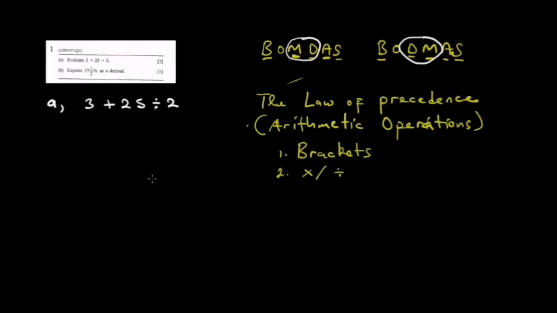If we have a question like 2 times 3 divided by 6, it does not matter whether we start by multiplying then we divide, or we start by dividing then we multiply. Let us start by multiplying. 2 times 3 we get 6, divided by 6. 6 divided by 6 becomes 1.